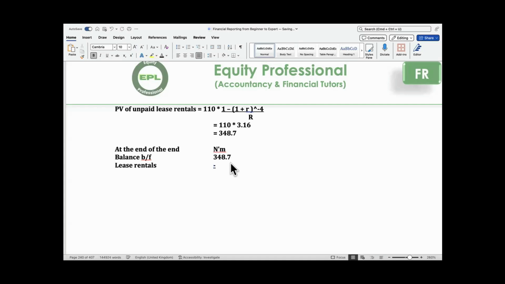Then the balance becomes 348.7. Now you can apply your finance costs at 10%. So 10% of this should be 34.8. Then you add this together. This will give you your balance carried forward, which is the value as at 31st March 2023. So can you add this, please? 383.57.